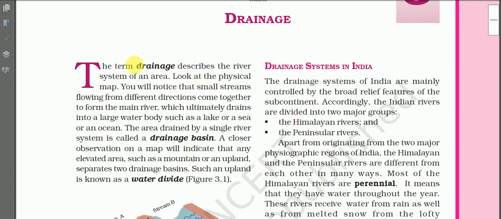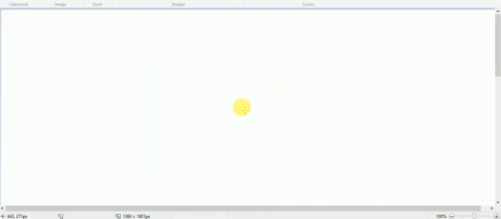Let us see what is meant by this term drainage. The term drainage describes the river system of an area. So drainage means the river system of an area. This is a river. These are the streams, tributaries.